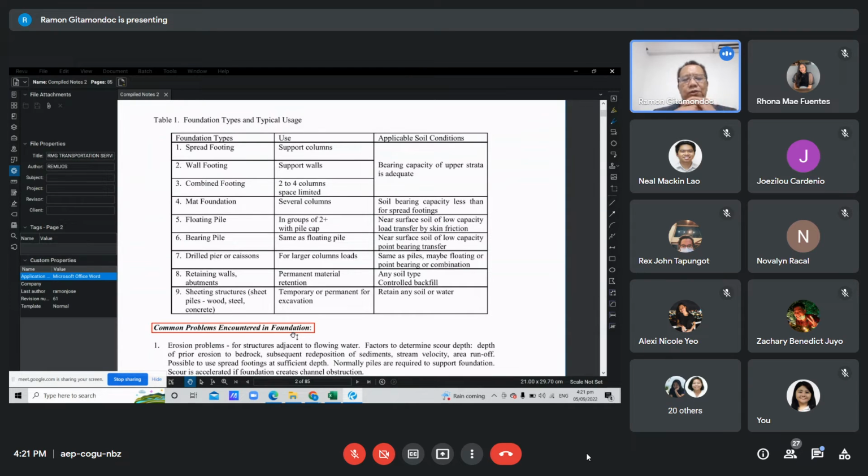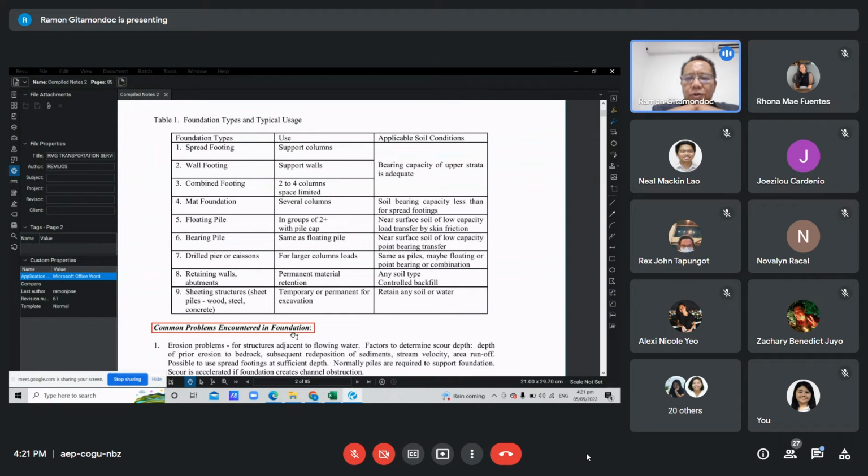Sheet piles or sheeting structures are used for temporary or sometimes permanent excavation support. For example, for a high-rise building foundation with two basements, to prevent collapse of the walls of the excavation, we provide sheet piles.